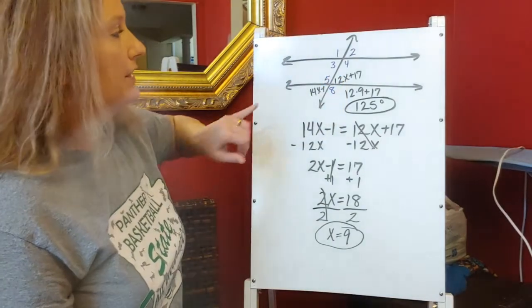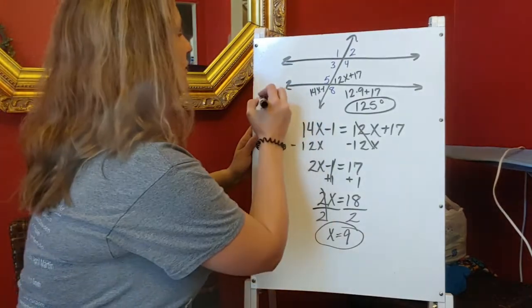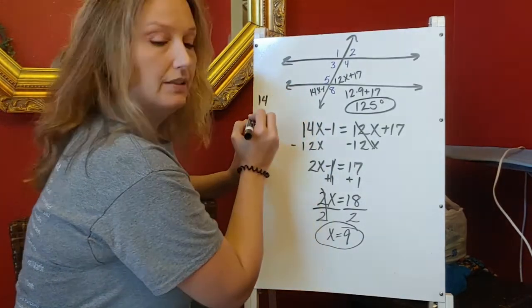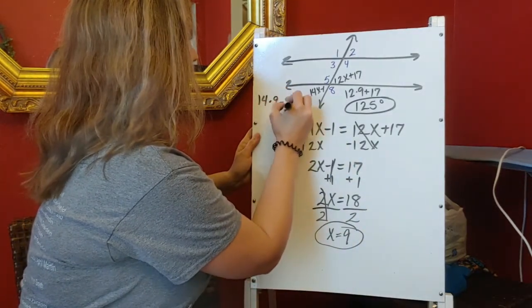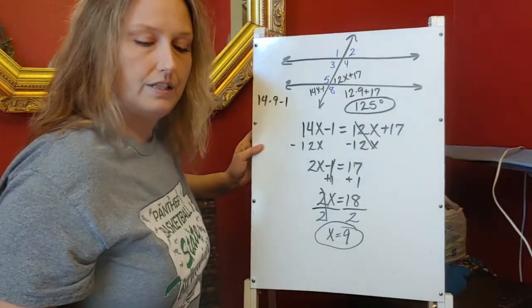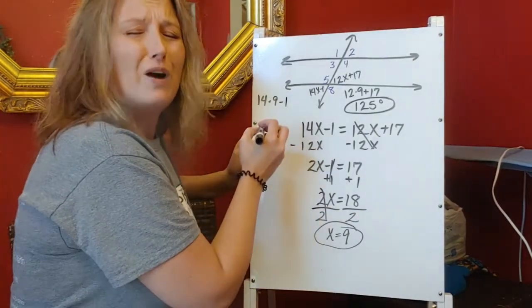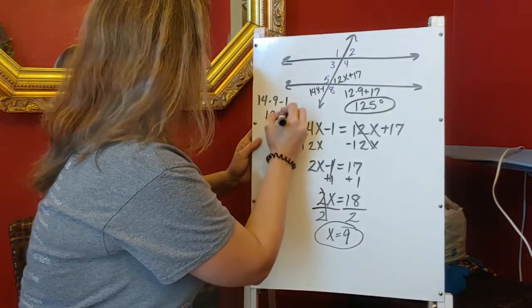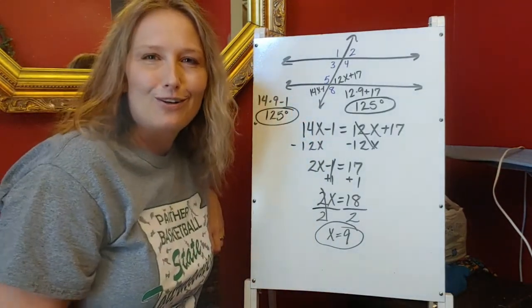Okay? I'm going to check it in this second expression just to make sure that I know what I'm doing. 14 times 9 minus 1 is also 125. So that's how we find angle measures for vertical angles.